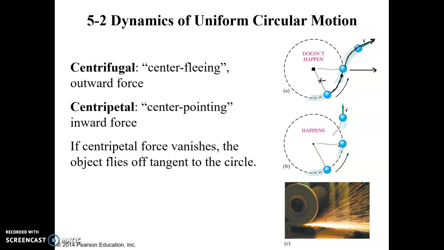And that does not happen. The ball would take off in a straight line that is tangent to the circle. You can see that here from the sparks. They are flying off tangent to the circle, perpendicular to the radius.